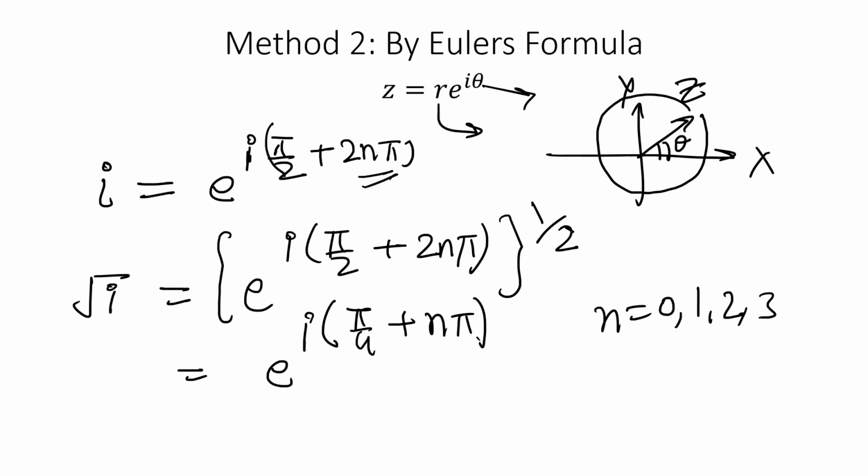So to calculate the square root of i, we just have to substitute the values of n, and when we substitute n equals 0, we get the square root of i equals e raised to the power i times pi by 4, and the second term will simply become 0. Right? This is what we are getting.